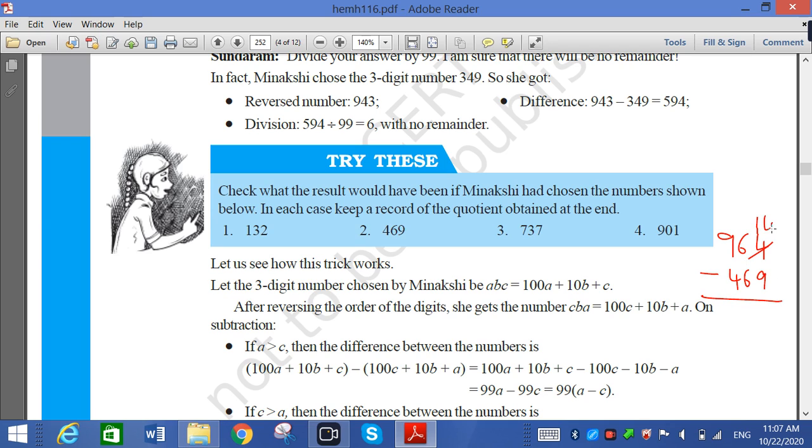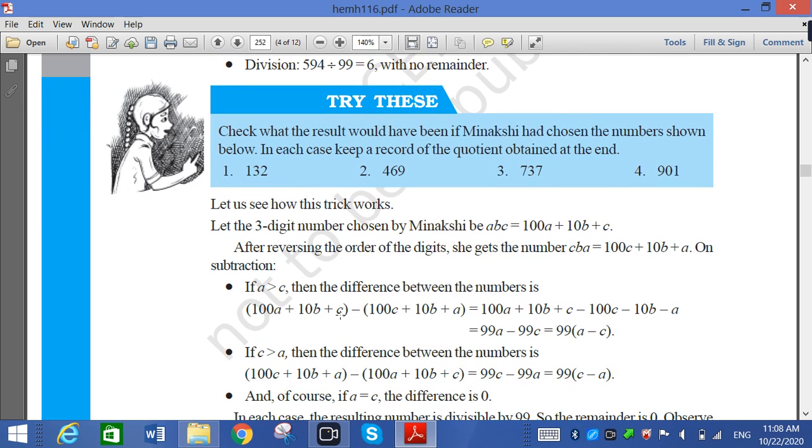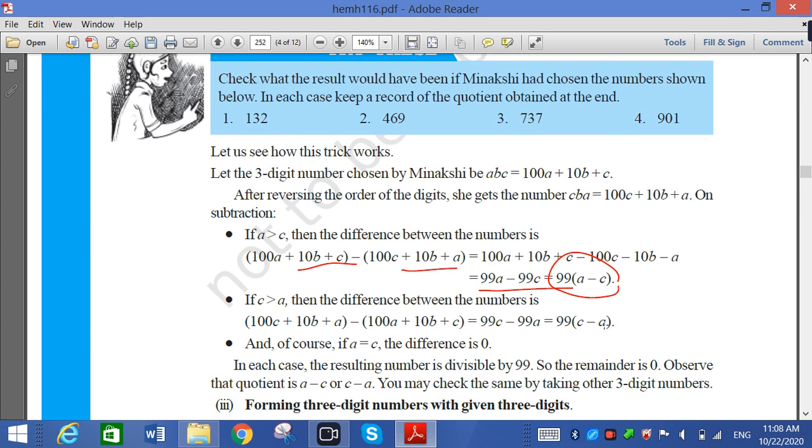So 14 minus 9, that is 5. Again 5, that is 15. Again 15 minus 6, that is 9. 9 minus 4, that is 5. So it is divisible by 99. So when we take the first number and its reverse, it is always divisible by 9. Why is it possible? Here it is given. So 99 is common, that is why it is possible.